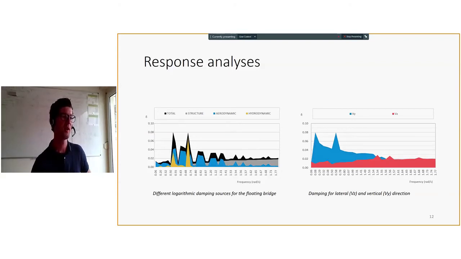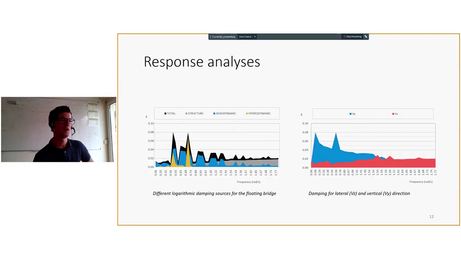What we found is that hydrodynamic damping has a limited range from 0.5 to 1 hertz, where all the interaction is happening regarding the hydrodynamic damping. But the aerodynamic damping is present over the whole frequency range, and it's very important for our response. We can also have structural damping, which, as I mentioned, is relatively low for those structures.